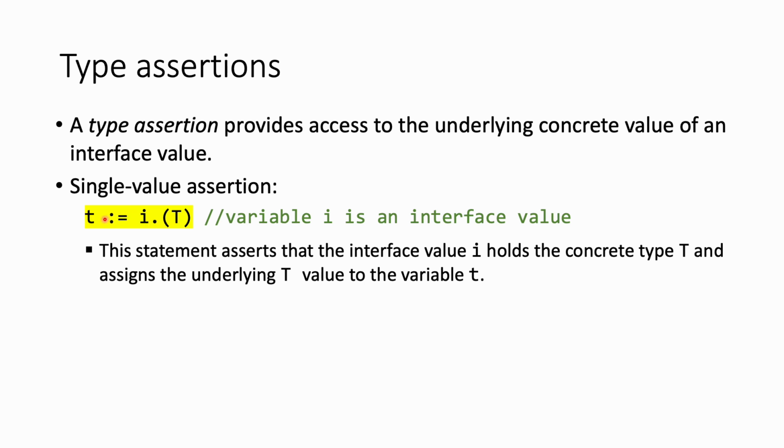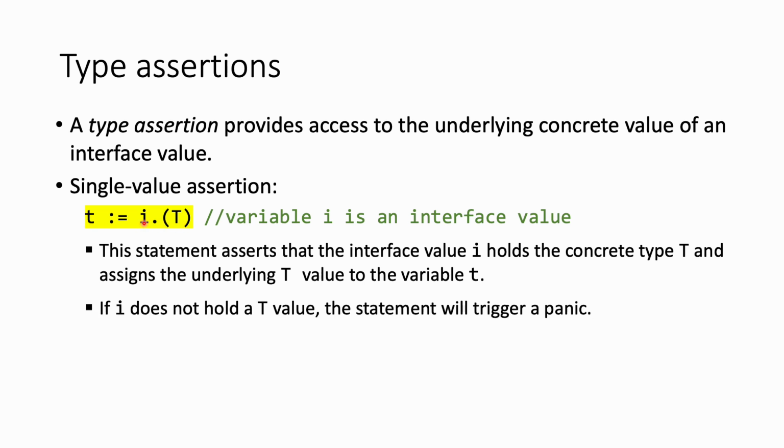This statement asserts that the interface value i holds the concrete type T and assigns the underlying T value to the variable t. If the interface value i does not hold a T value, the statement will trigger a panic.